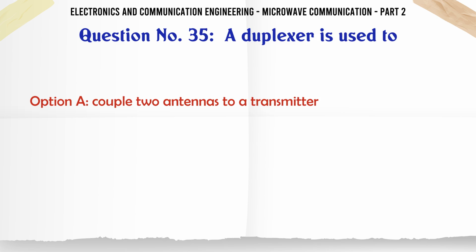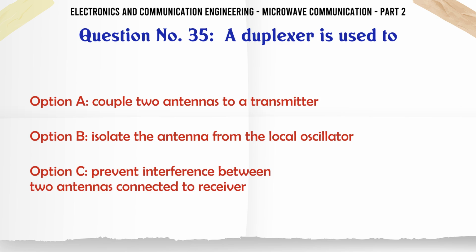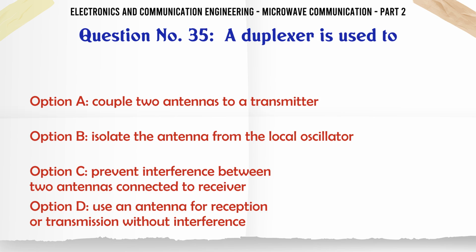A duplexer is used to: A. couple two antennas to a transmitter, B. isolate the antenna from the local oscillator, C. prevent interference between two antennas connected to receiver, D. use an antenna for reception or transmission without interference.